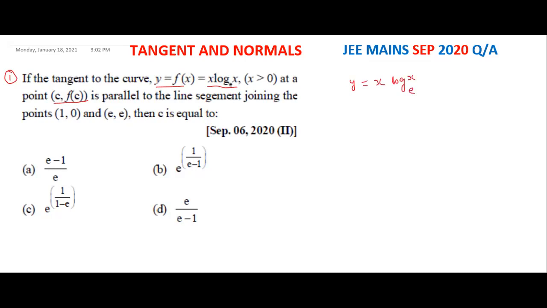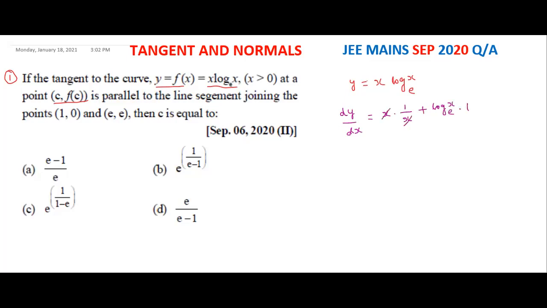Do the differentiation. What we get? dy by dx, that is equal to, so here uv rule, x is constant, log x derivative 1 by x plus log x to the base e is constant, x derivative is 1.